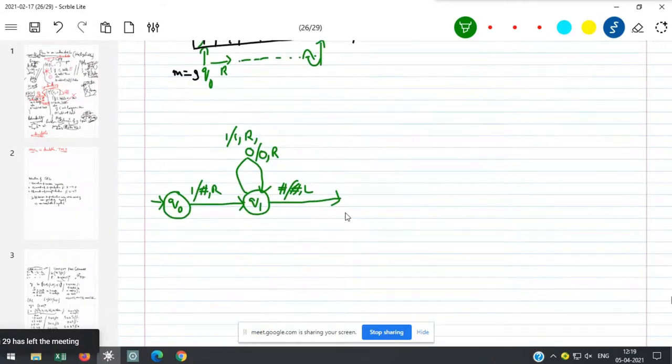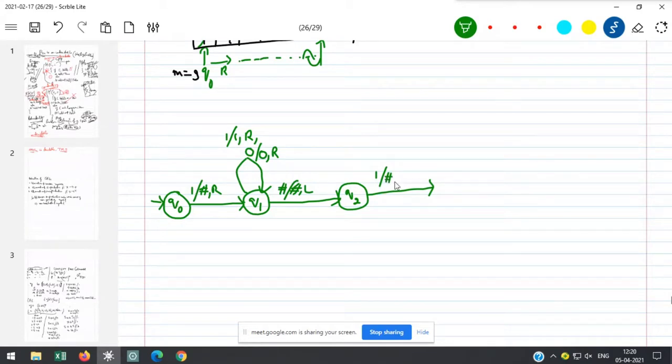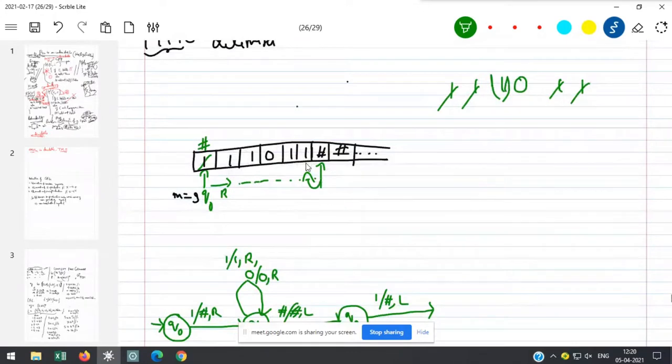Now, at Q2, if you find 1, cancel it, replace by hash, and keep moving towards the left side till you find hash.